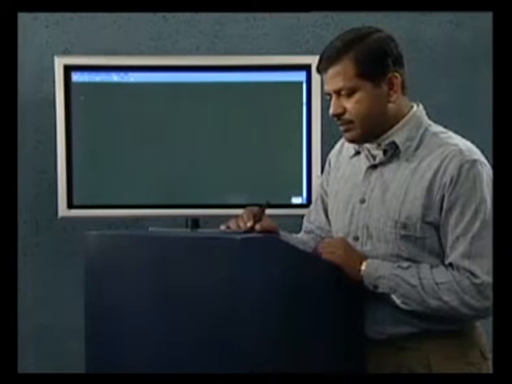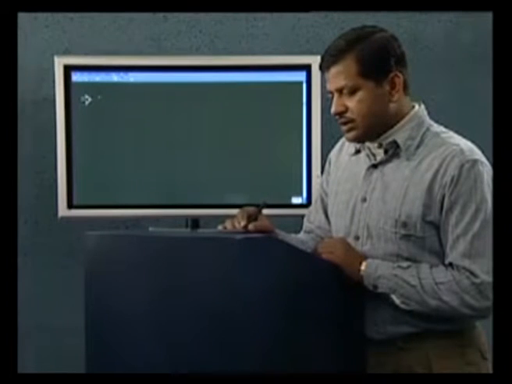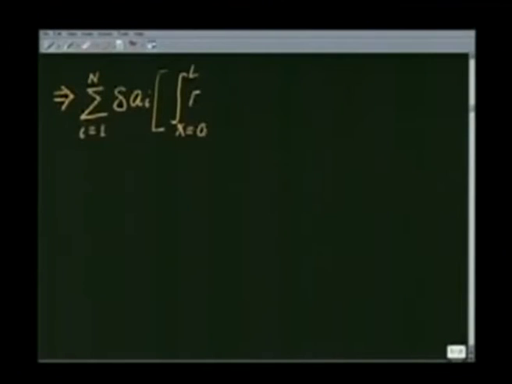Let us again rewrite the whole thing. This implies summation of i going from 1 to n of the variation of a_i into, we'll put the big brackets, integral x equal to 0 to L EA u_n comma x d/dx of, I am going to replace x to the power of i by phi_i.